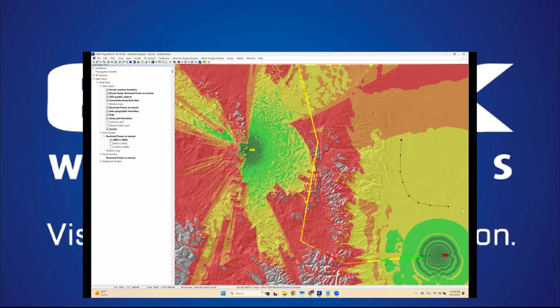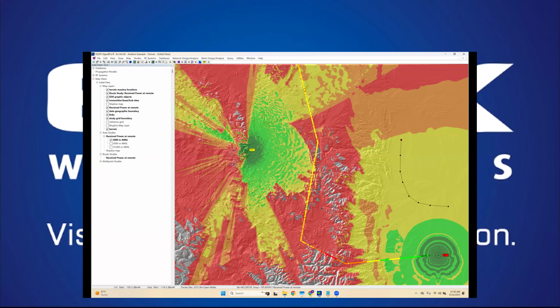There is the potential to automate this. As you may know, SignalPro has an API that can be used to connect programmatically to the software and set up a script that'll run a repetitive process. So if we need to move the site and run the study, and move the site and run the study, you can set up a script that'll do that and give you an animation of what coverage will look like as your base station, in this case effectively our transmitter, goes up in the air and then starts moving across the map.